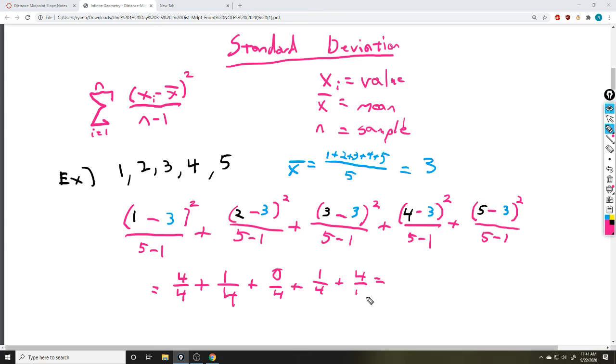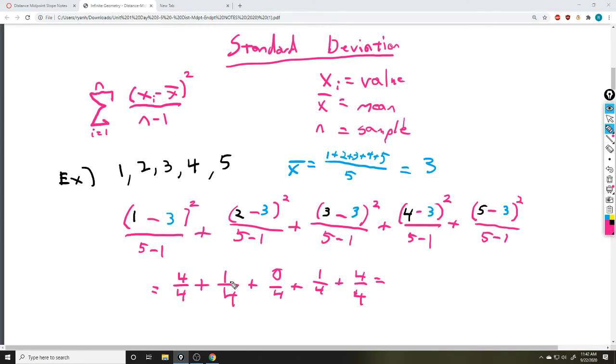And hopefully doing this is helping you see some things about the formula. First of all, that the closer you are to the mean, the smaller the component of that formula is in that number. You should see that standard deviation is always going to be positive, because once I square this, then my distance is always going to stay positive.